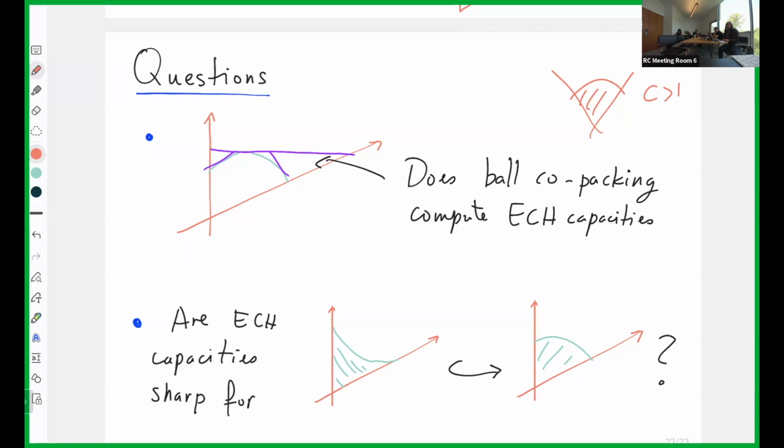Can you say something when the ellipsoid is not an ellipsoid of revolution? Yes. So that's related to this question of the ellipse. If you take an ellipsoid that's not a revolution, of course, it's the geodesics on the ellipsoid, which we also know is integrable.